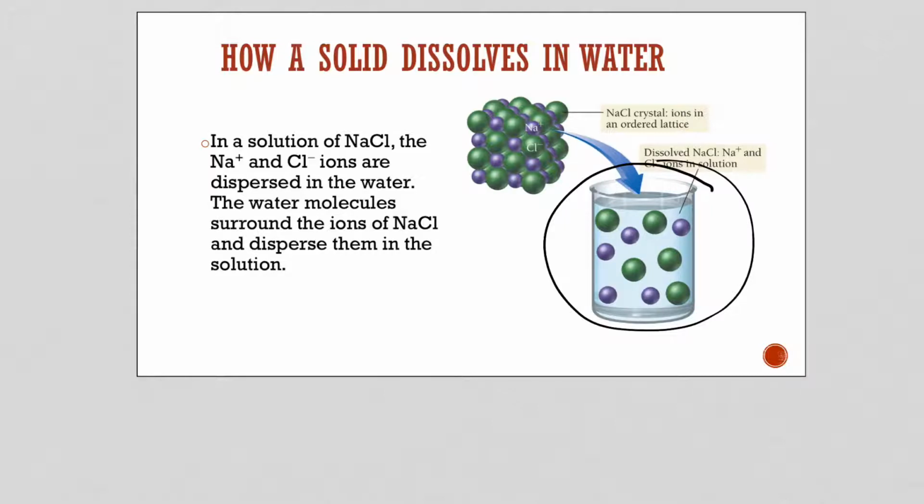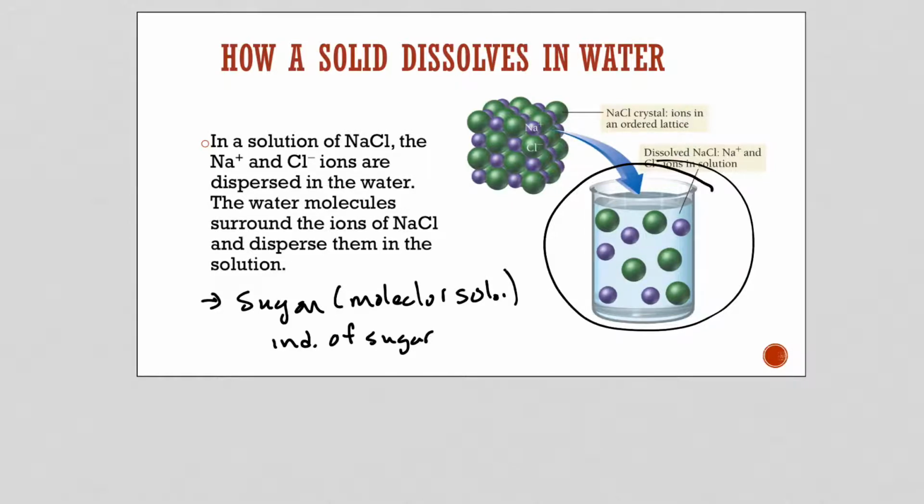Now, if we were to dissolve something like sugar, a molecular solid, remember, when we dissolve the sugar, it's going to exist as individual or small groups of sugar molecules. It doesn't break down into ions.